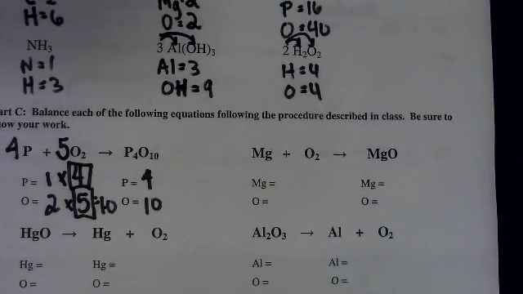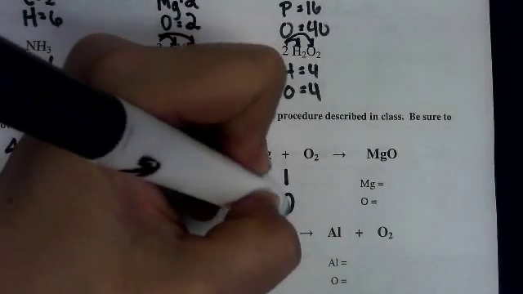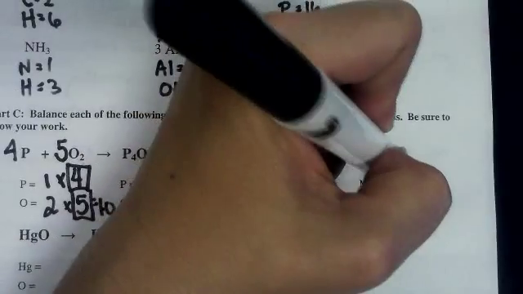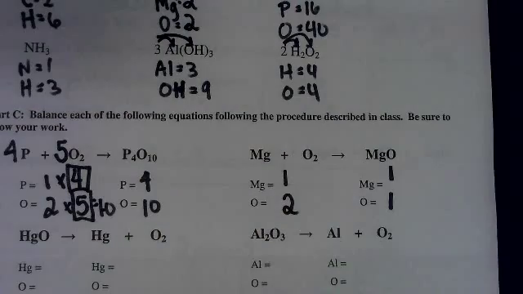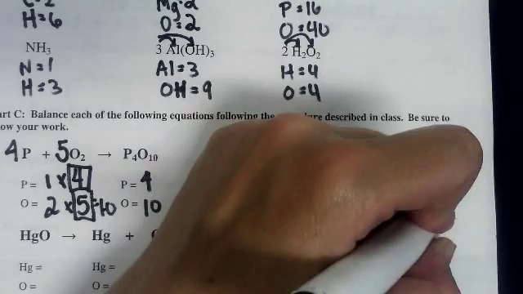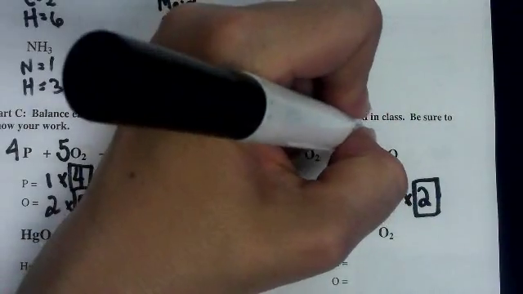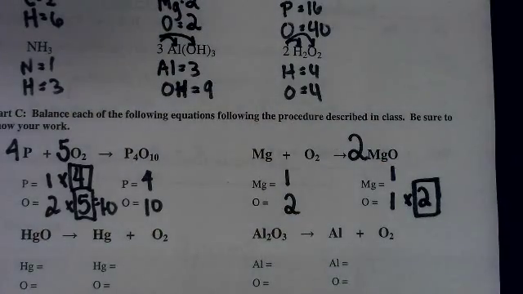In the next example, we have 1 magnesium, 2 oxygen, 1 magnesium, and only 1 oxygen. So we need to start by balancing the oxygens. Let's put a coefficient of 2 in front of your compound. So it goes up here.